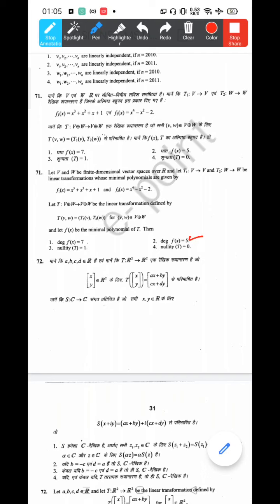Rank plus nullity equals the dimension of V plus W. If your minimal polynomial is degree 5, and that is V plus W, then I think nullity will be 0. I will have to think about it.